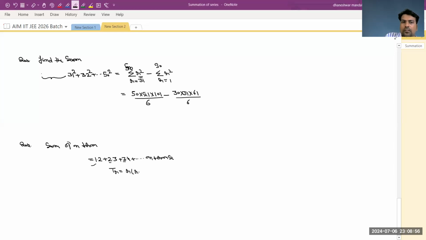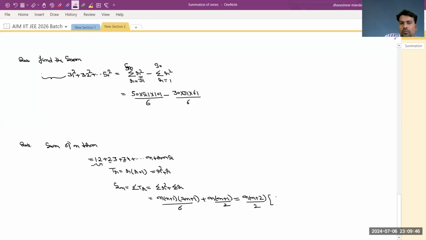So one is r, the other one is r plus 2. Then I just divide it.